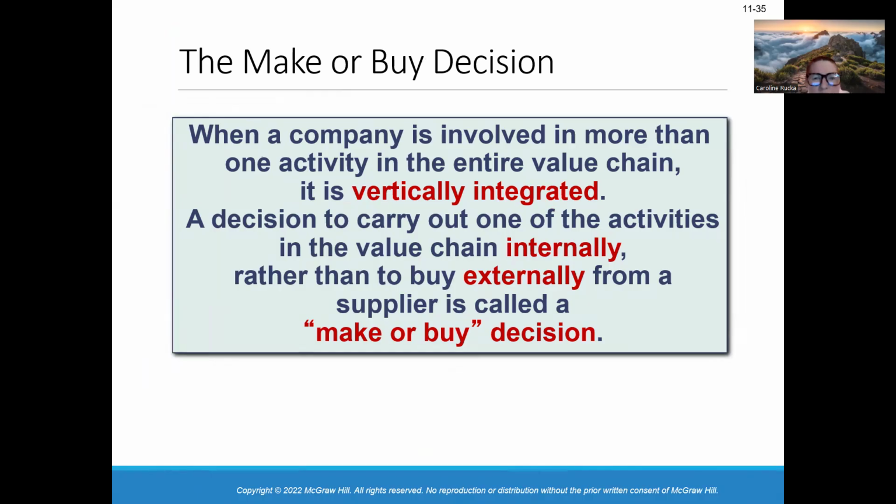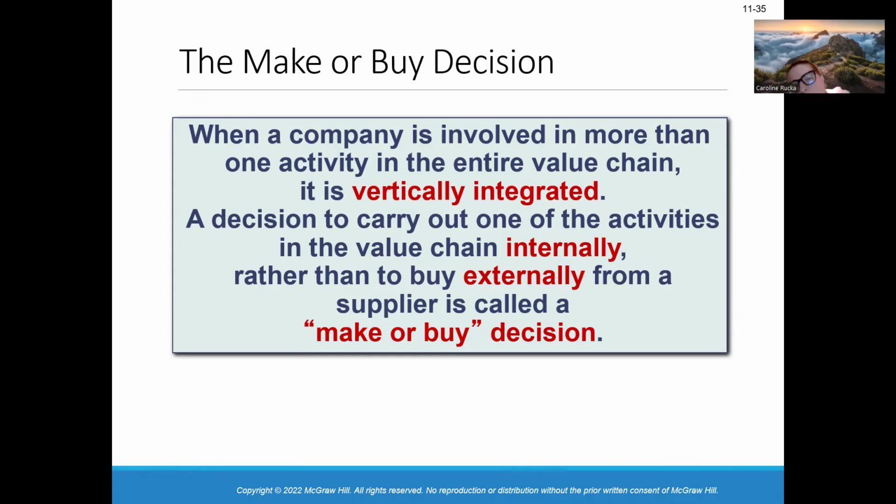This is when a company is involved in more than one activity in its value chain. We call that vertical integration. If you carry out those activities yourself, we call it internal activity versus external, where we're getting those items from outside.